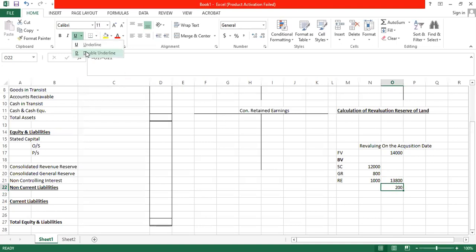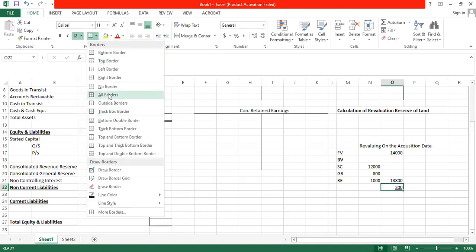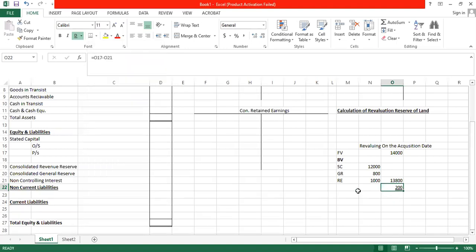Sometimes it can be a minus or plus value, right? So it is a plus value. This is an increment. So it is a revaluation surplus. This is a revaluation surplus.